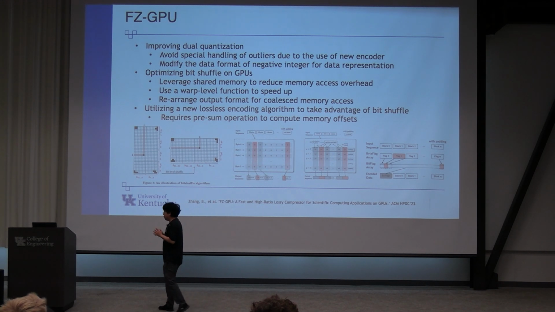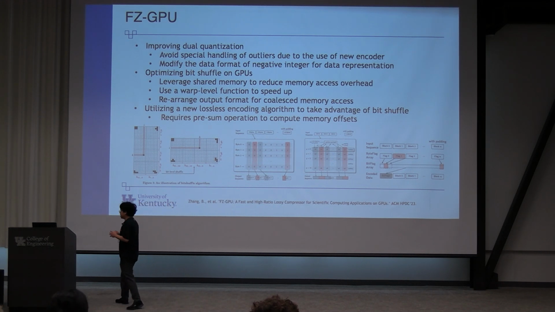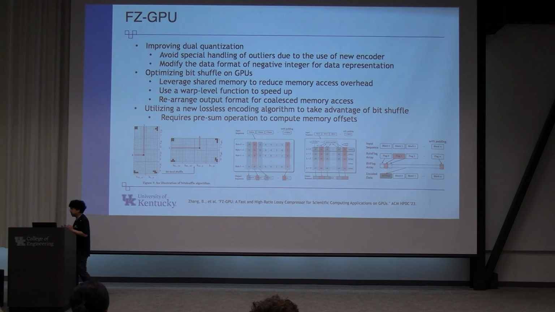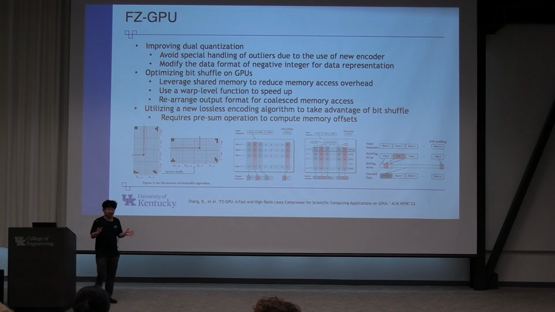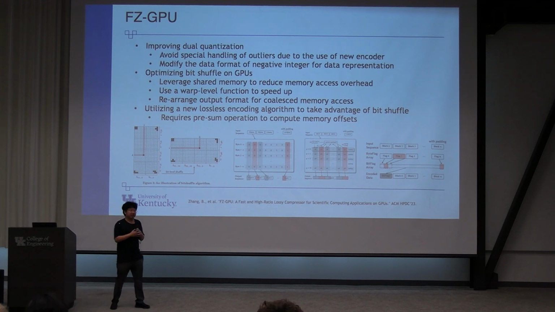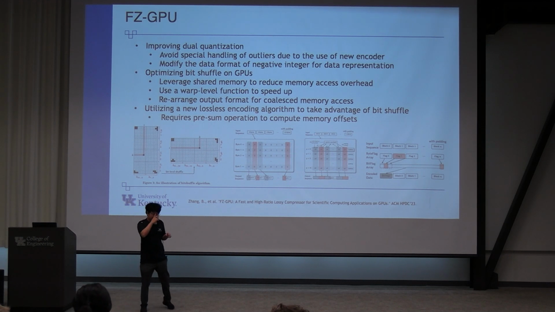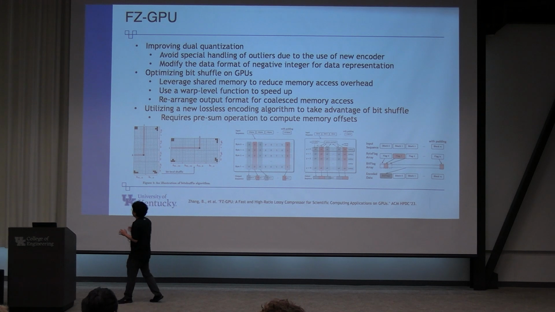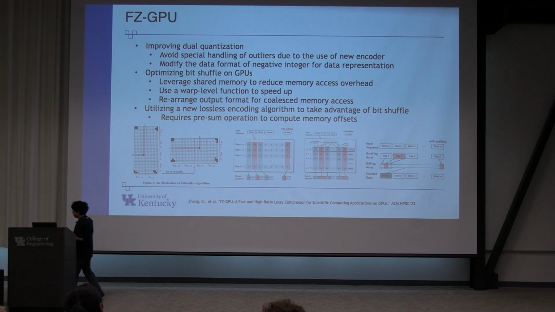If you encounter a block of all zeros, you just skip that block and mark a specific sign on it. This simple strategy may lead to a lower compression ratio than Huffman trees because, as you may know, Huffman tree is near optimal in reducing the entropy, but this kind of approach is not. But it can lead to higher parallelism that you can achieve on GPUs.